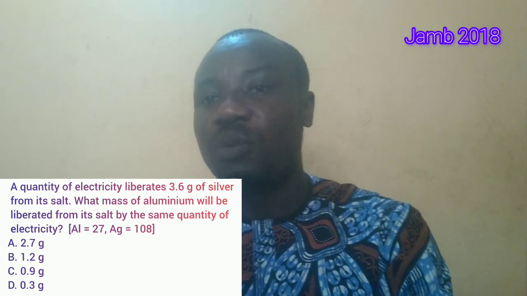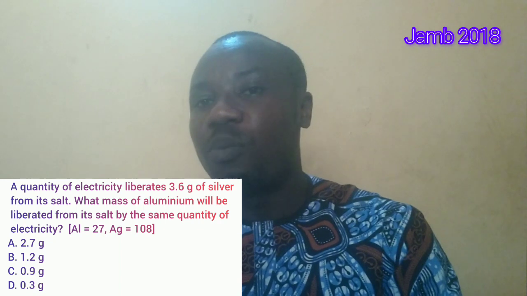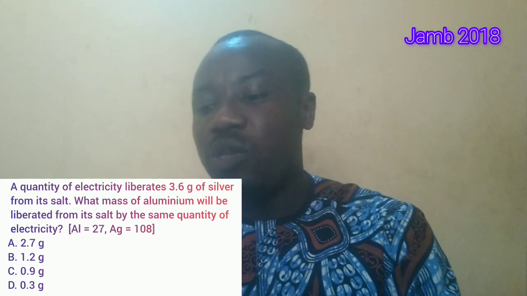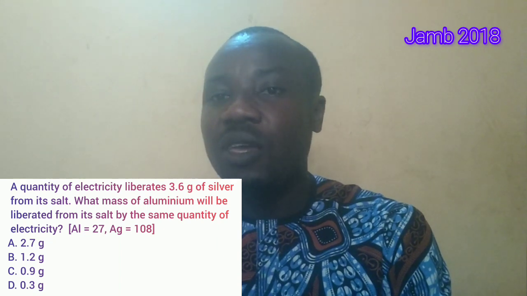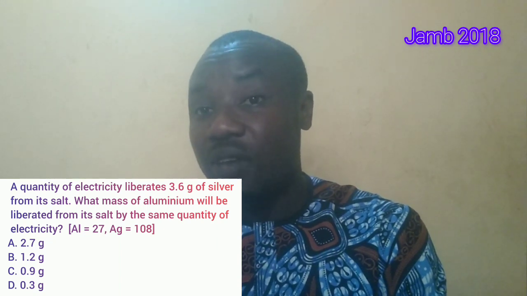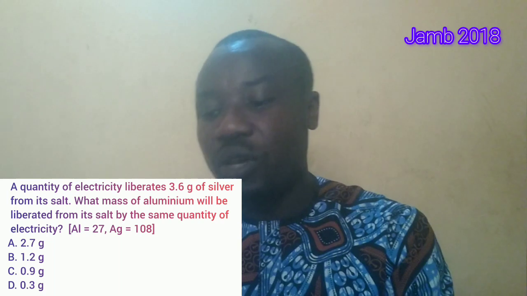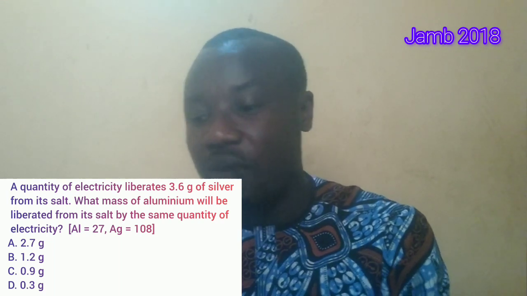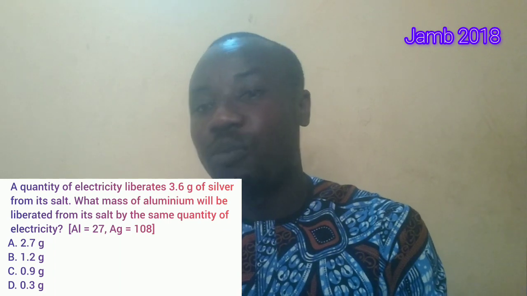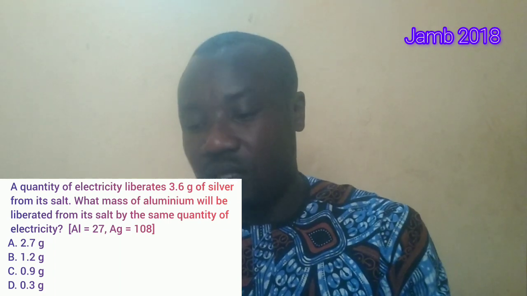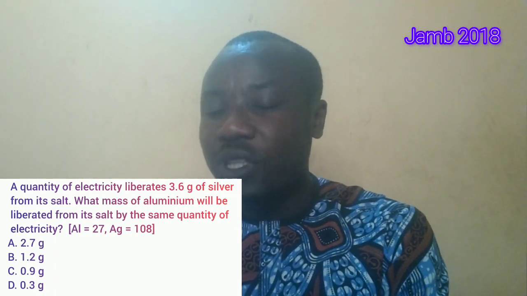The mass of silver we are given in the question is 3.6. Meaning 3.6 gram will give us X. So when you cross multiply, you now have 3.6 times 96,500 divided by 108. By the time you solve it, you have 3,216.66667. From there, we've gotten the quantity of electricity deposited.